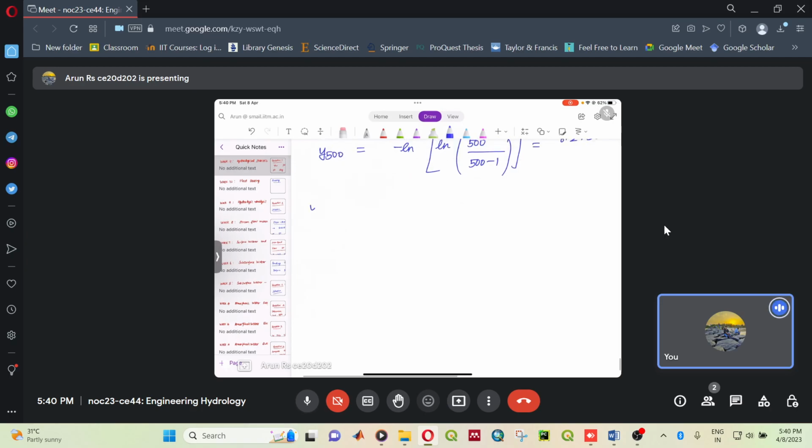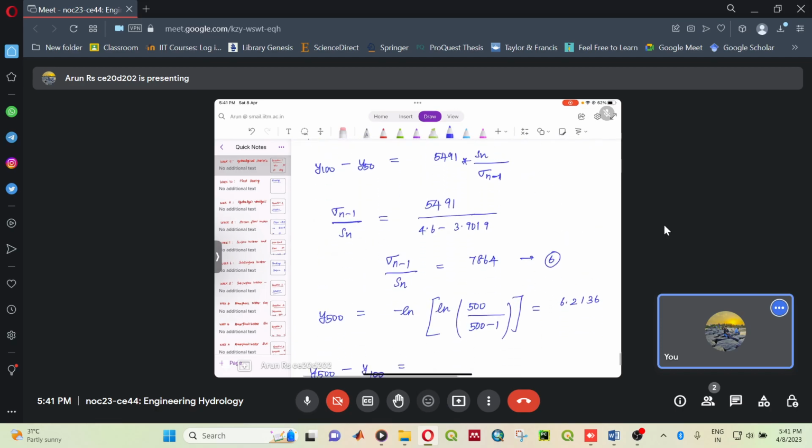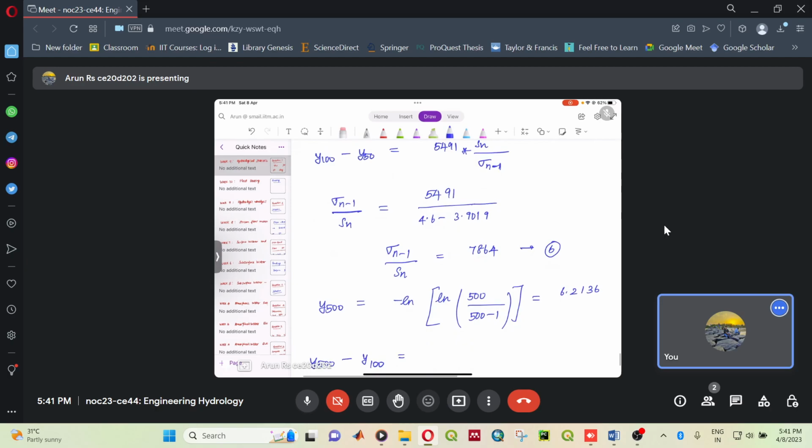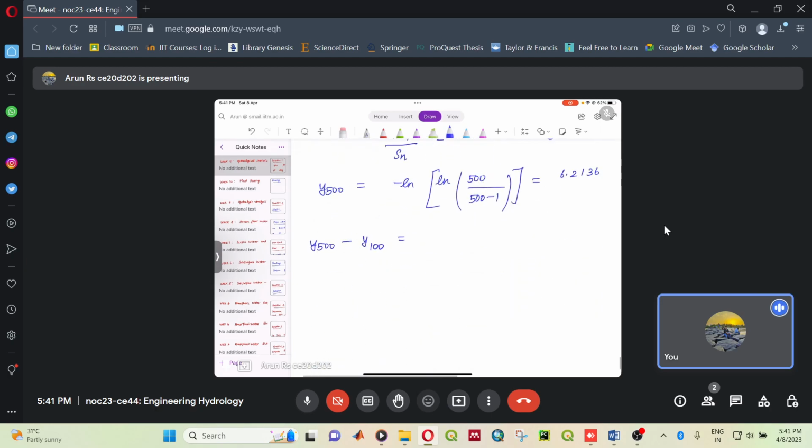Now if I do the similar process for y500 minus y100, we will get x500 minus x100 into Sn divided by sigma n minus 1.